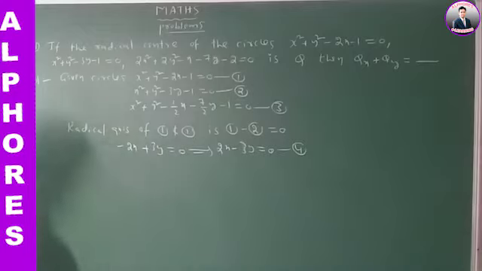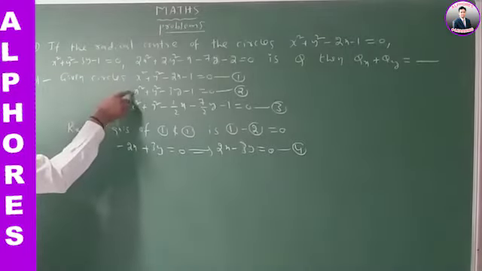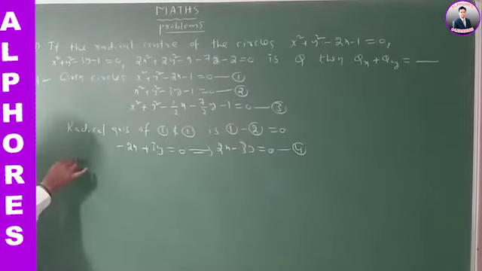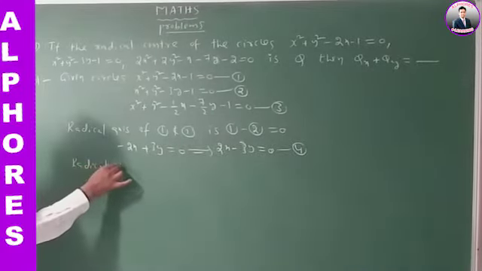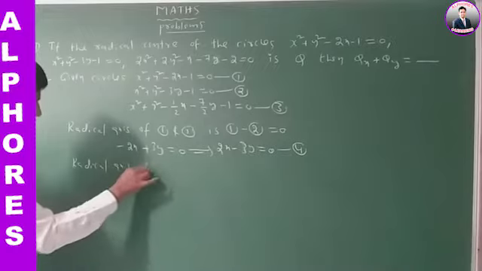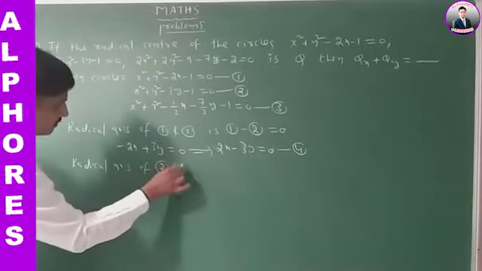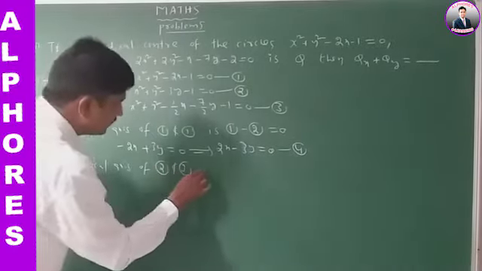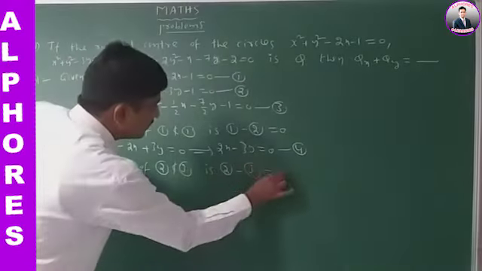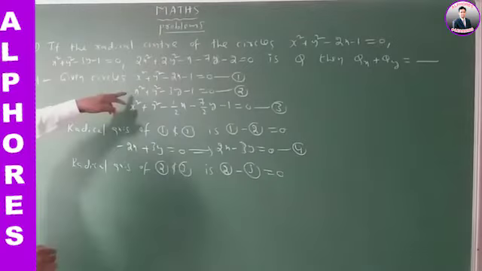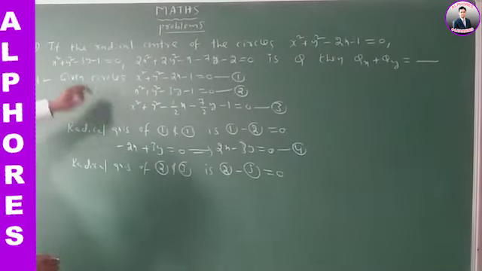Okay, now radical axis of second and third. Equation of radical axis of 2 and 3 is 2 minus 3 equal to 0. Here x square, y square directly cancel.